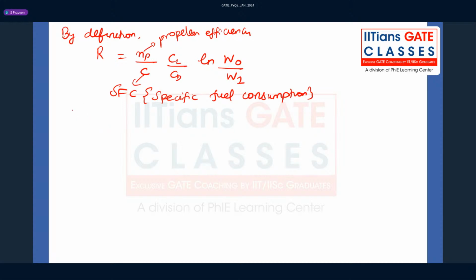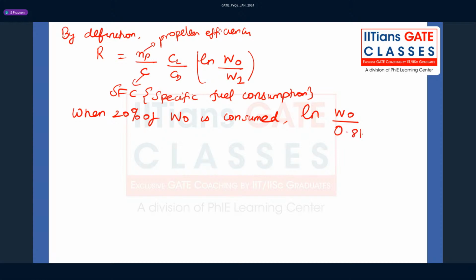He says when 20% of weight is consumed, so my expression, this one alone, would become ln W naught by, because it is consuming 20%, the remaining will be 80%, so that can be written as 0.8 times W naught.